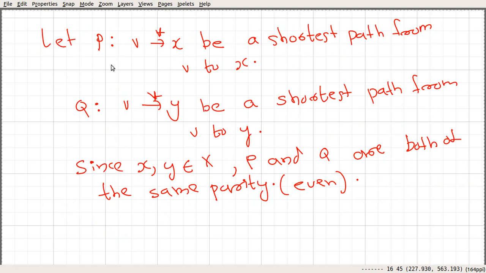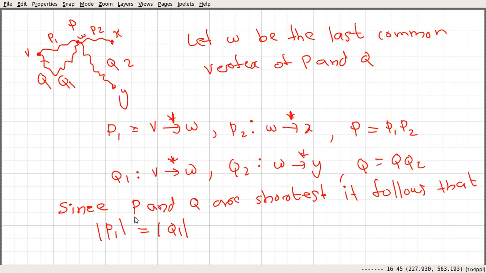We chose P and Q to be the shortest paths from V to X and from V to Y. If the length of P1 is less than the length of Q1, then we have a shorter path to Y from B. You first use P1 followed by Q2, and we assume that this Q is a shortest path from V to Y.